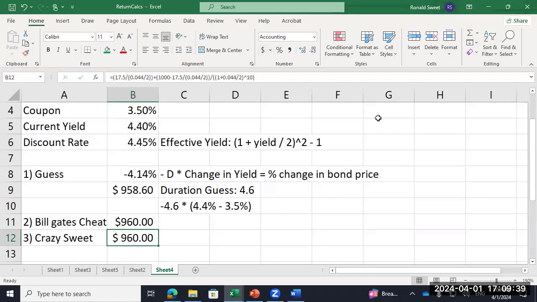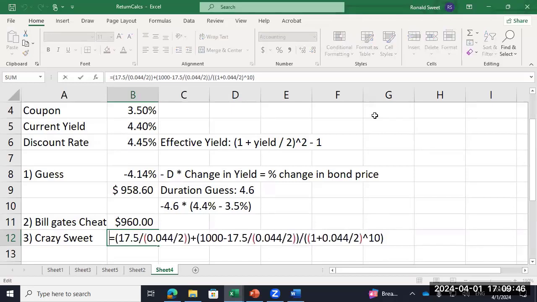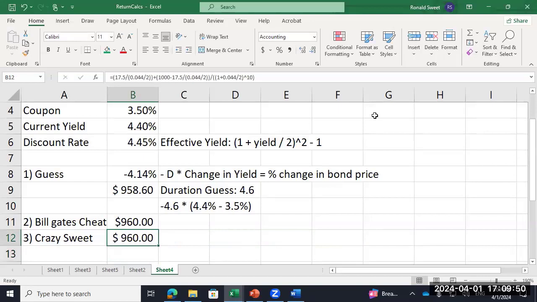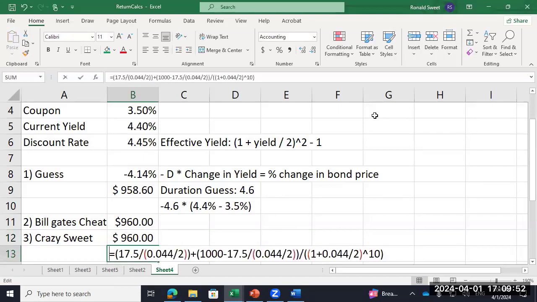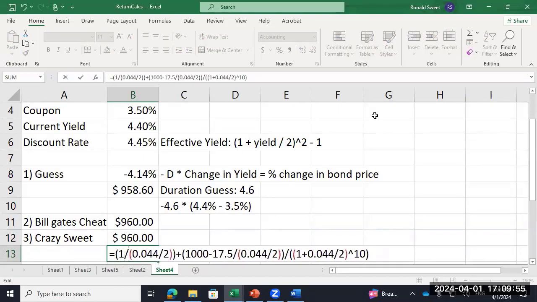How close does that look? Did it work? What is your present value interest factor of an annuity doing? It's doing exactly this, but with $1 instead of that.